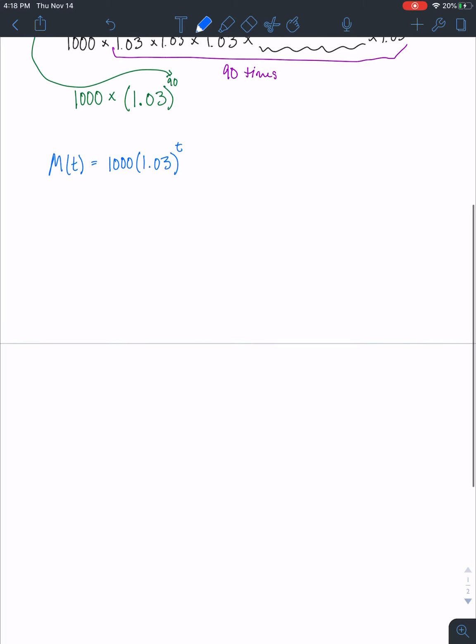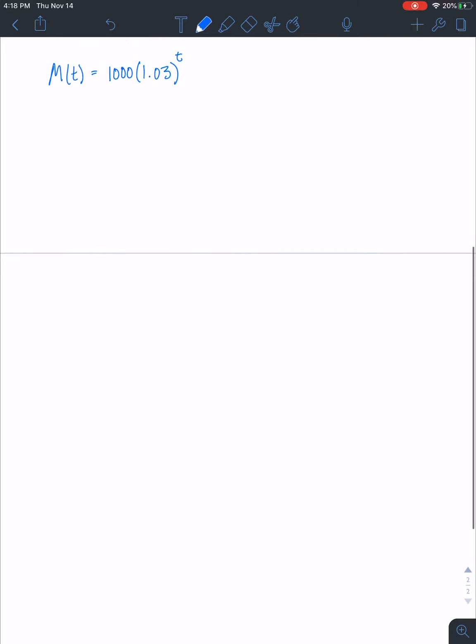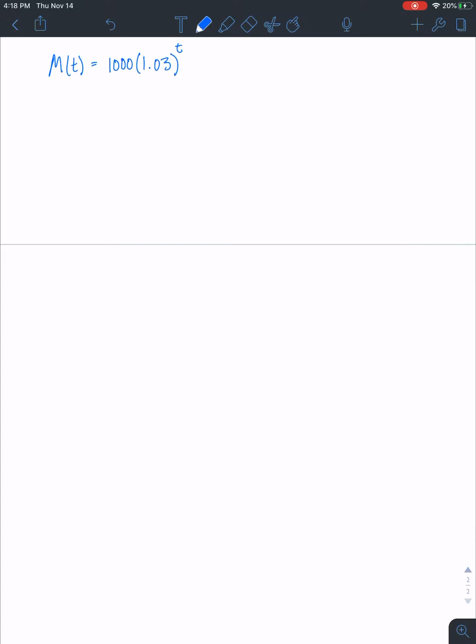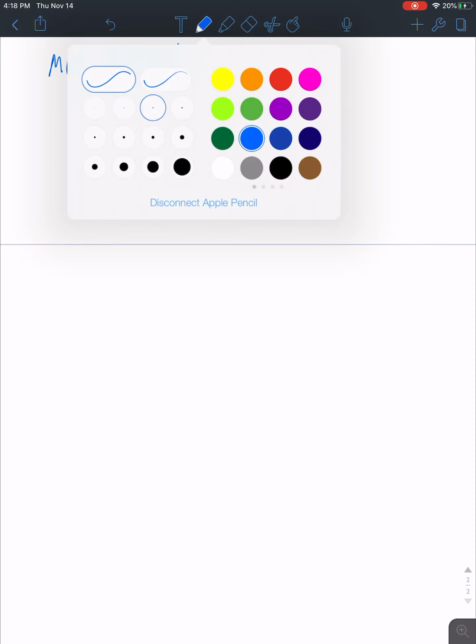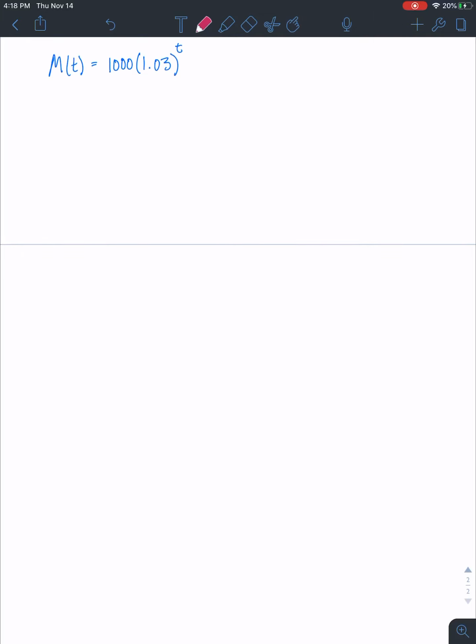Now, like we did for our money problem, this was one that was growing, so we had a number that was larger than 1 inside. The thing that we will know for sure is that an exponential function like this will look like some a times b raised to the t. Let's call this the generic exponential. If this is my generic exponential, here's what I know.